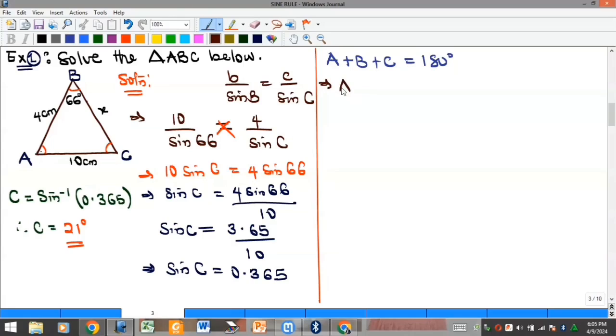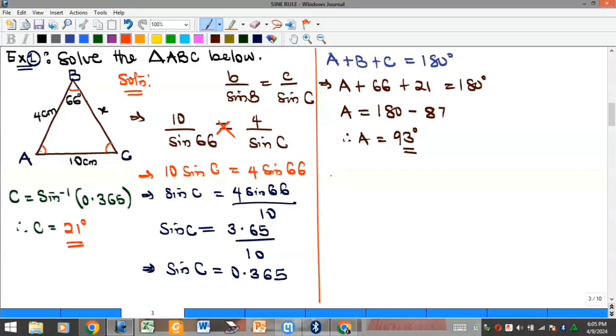So here we are looking for A, and our B is 66, our C is 21, everything is 180. So A alone will be equal to 180 minus, if you sum these two, you get 87. And so our A is simply equal to 93 degrees if you do this subtraction. So we have gotten our A, and we have as well gotten our C.